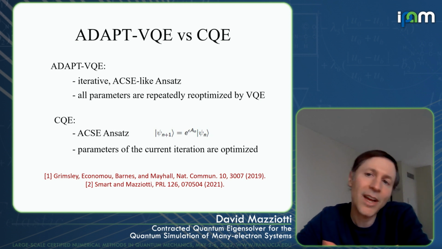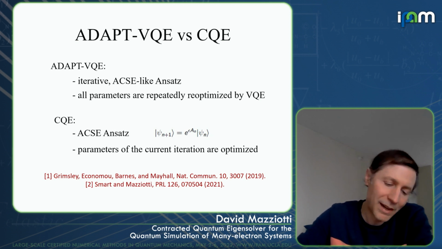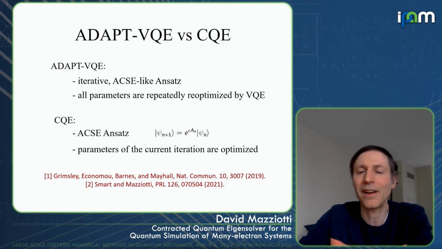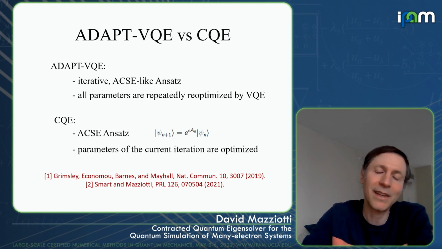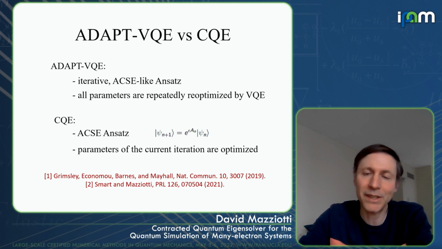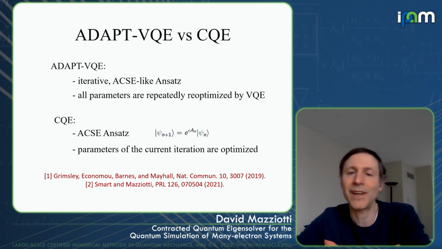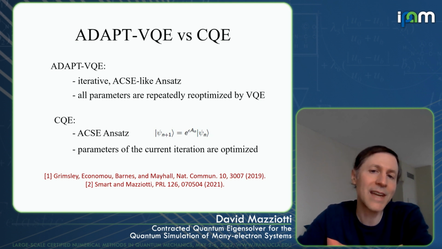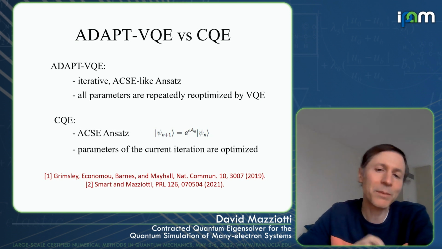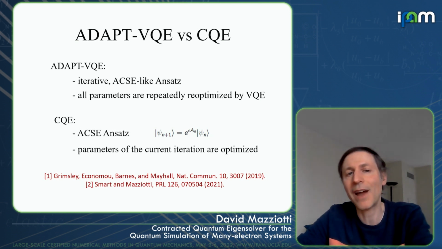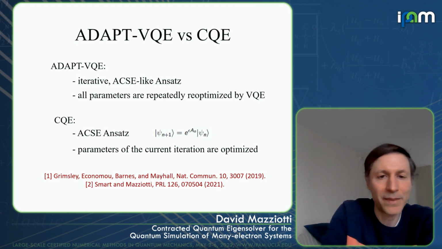Whereas in the CQE, we recognize that we can essentially apply a series of unitary updates, but we only optimize or re-optimize the parameters associated with the latest update. Okay, and so it's, in that sense, more of a greedy algorithm where at each step, we're basically getting the most out of that particular iteration. And so the parameters of the current iteration are optimized. So there are important connections, but there are some differences in terms of how the CQE is designed.